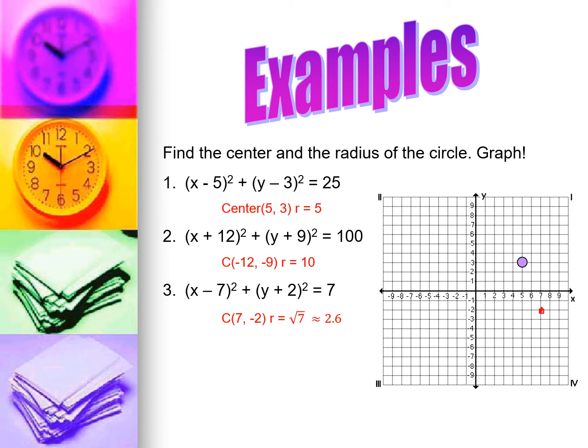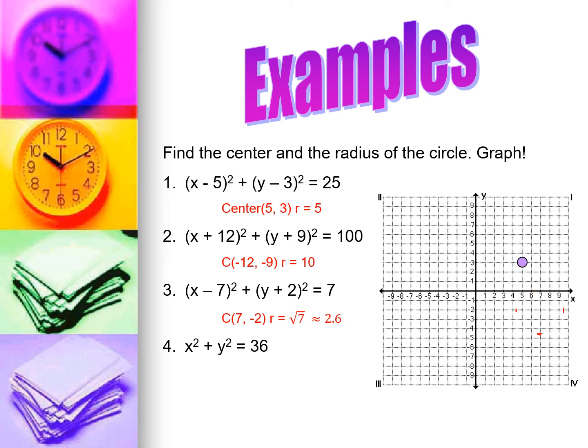So about 2.6 up, 2.6 to the right, 2.6 down, and then 2.6 to the left. And you should get a circle that looks kind of like this. That's a rough estimate.